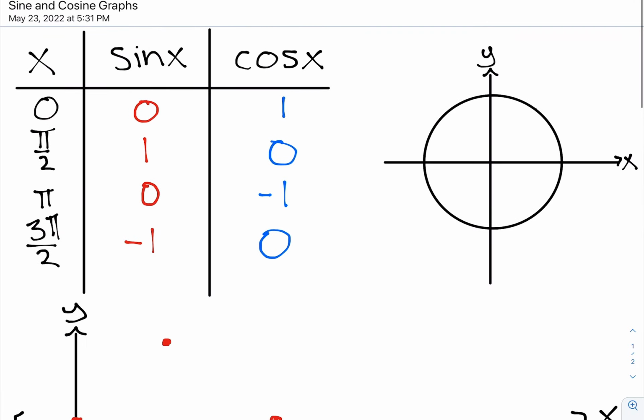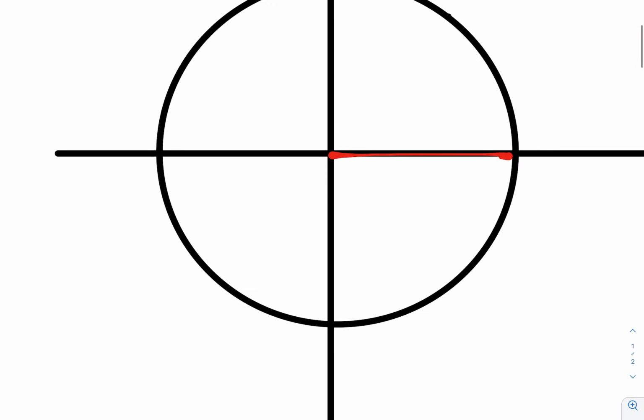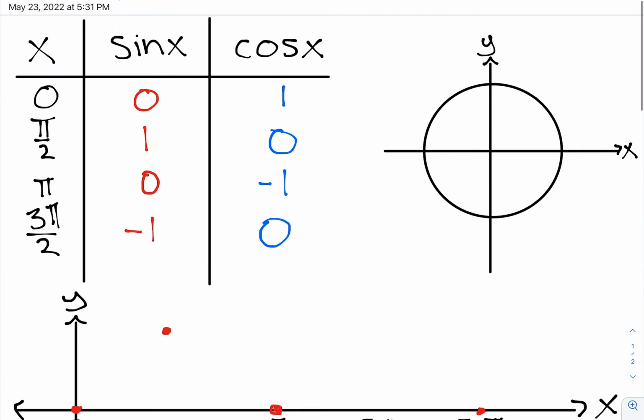Now, remember how I said that 2 pi and 0 were coterminal? That must mean the sine of 2 pi should be the same as the sine of 0, because it's on this line. So it gets back here.